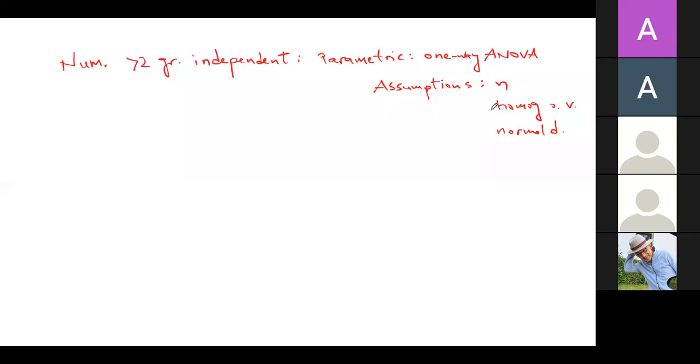And we also learned the name of a test to be done. What was the test which was checking for the homogeneity of variances?